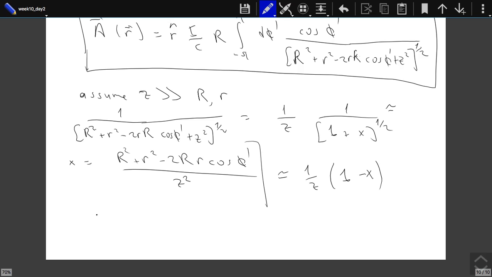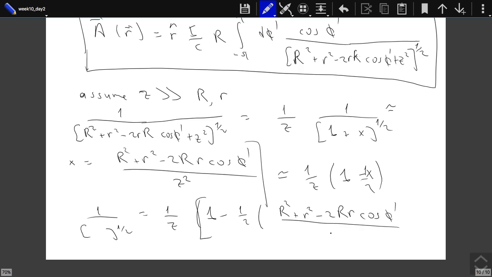So which is 1 over that thing to the power minus 1 over 2. This is 1 over z, 1 minus 1 over 2, and r squared plus small r squared minus twice capital R small r cosine phi prime divided by z squared.